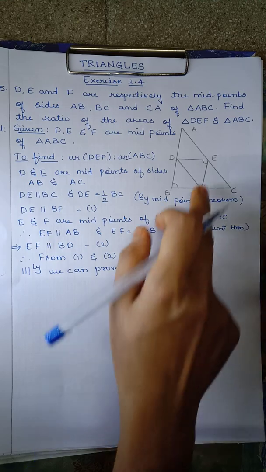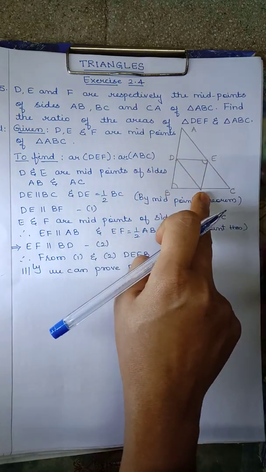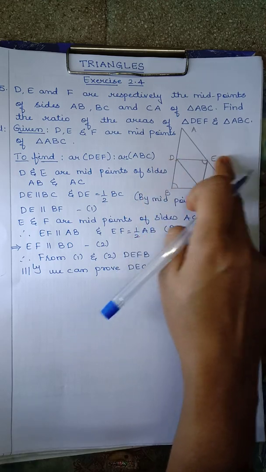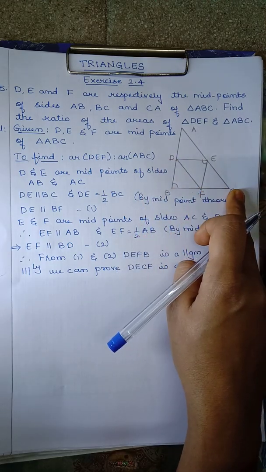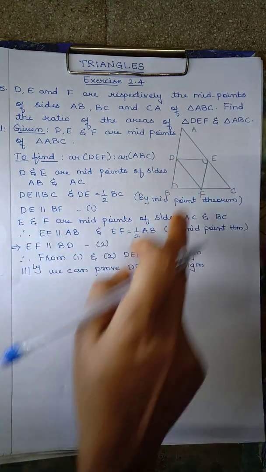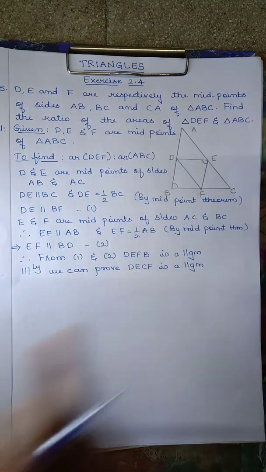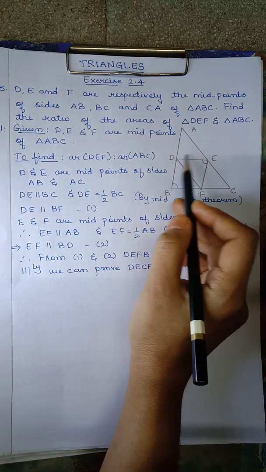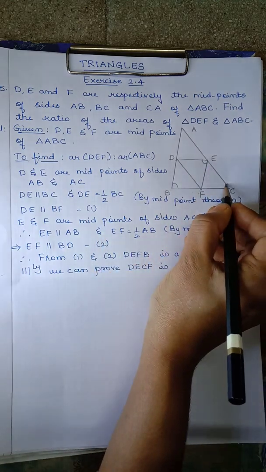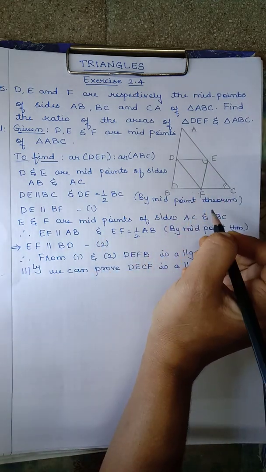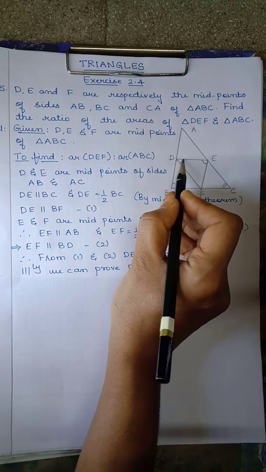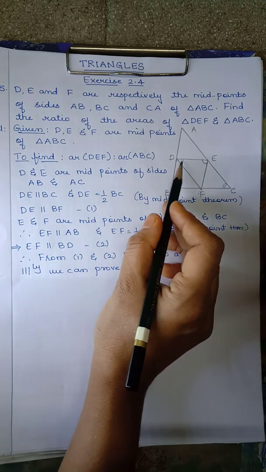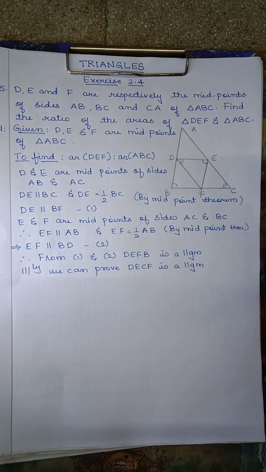To prove that DECF is a parallelogram, you have to prove DF is parallel to EC and DE is parallel to FC. If you prove these two, DECF will become a parallelogram. Now when DECF becomes a parallelogram, angle C of triangle ABC will become equal to angle D of triangle EDF, because opposite angles are equal in a parallelogram.